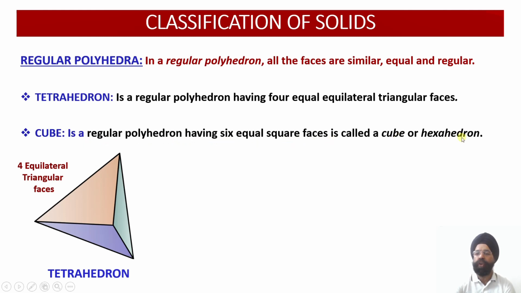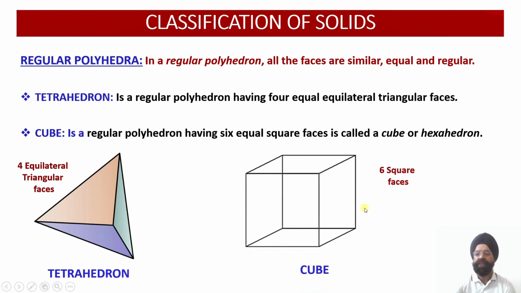Just see, here we have 6 equal and similar faces. The shape of each and every face is square and the size is also the same. Similarly, in the tetrahedron, the shape of all four faces is an equilateral triangle, and the size is also the same.